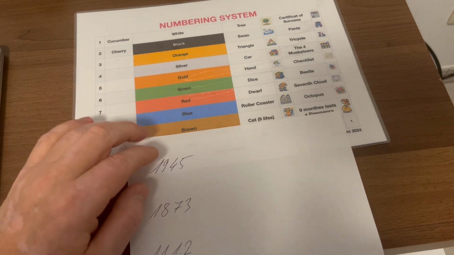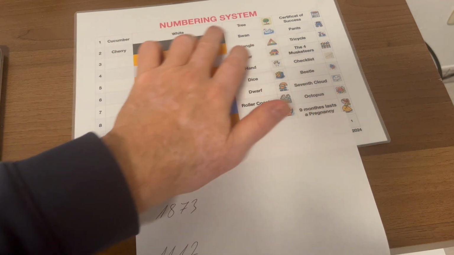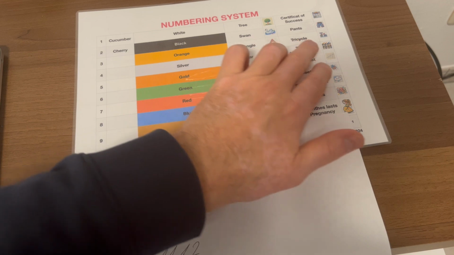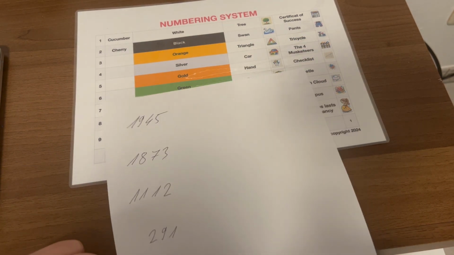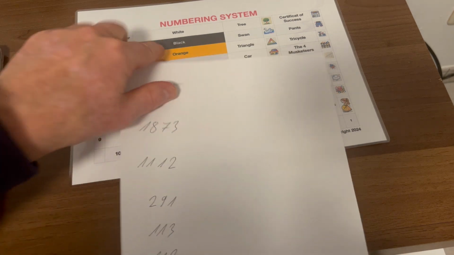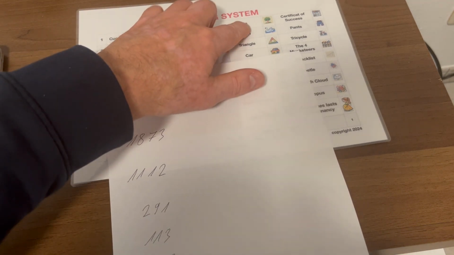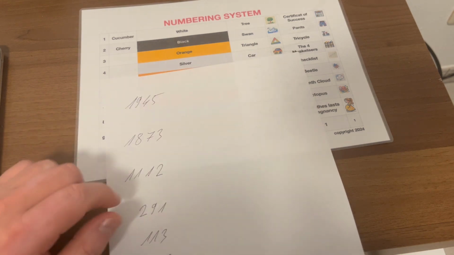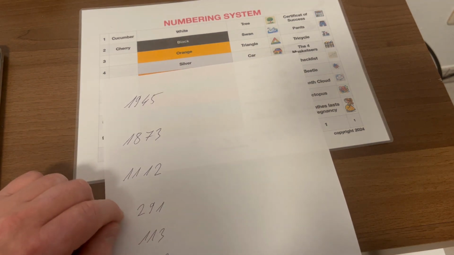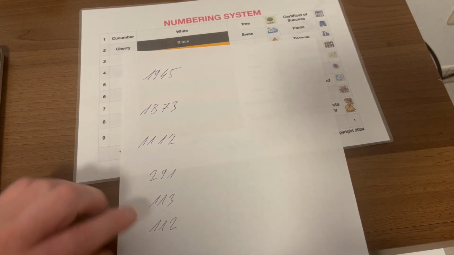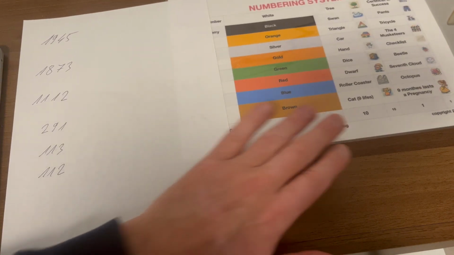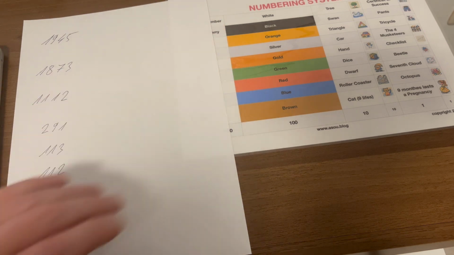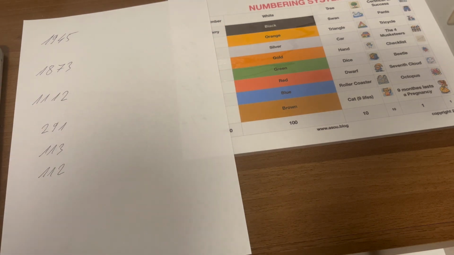Okay, so white 3, white is 1, 3, 1, and tricycle is 3. 112 is the same. White 3 who has pants. Okay. You can make your own numbers and try to imagine in colors and in pictures. See you in the next film.